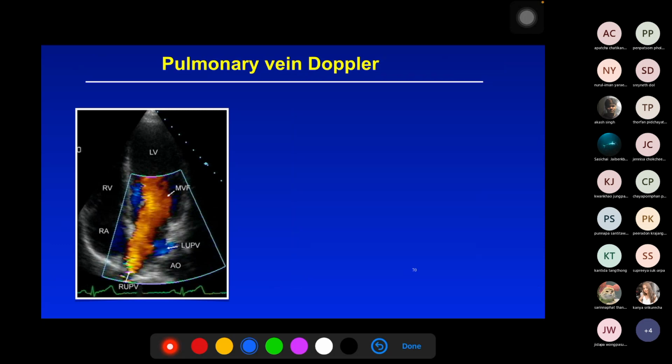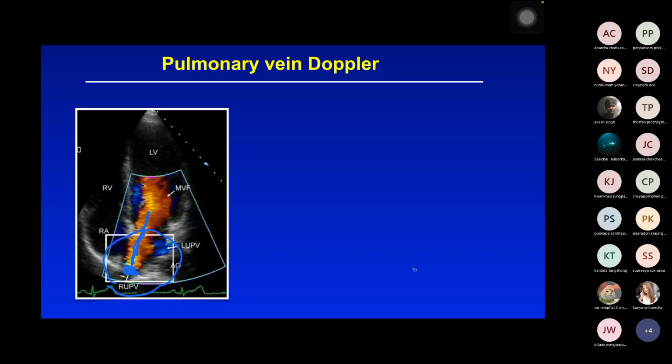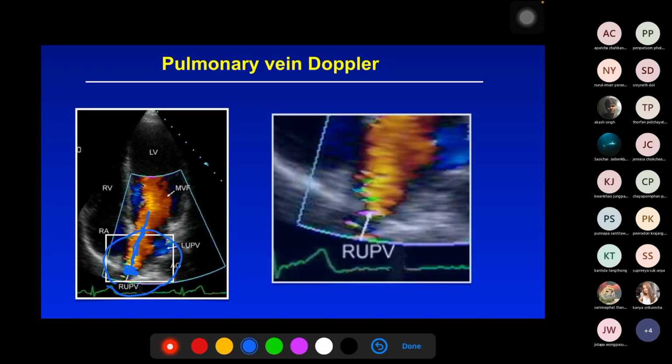Okay, this is the apical 4-chamber view, and you zoom in on this point. You put in the color flow. You see this one is the right pulmonary vein. You place the sample volume here, put it deep into the pulmonary vein about 2 to 3 millimeters.